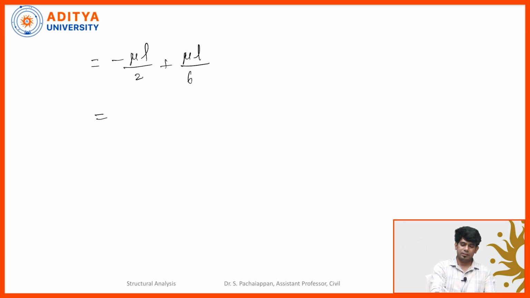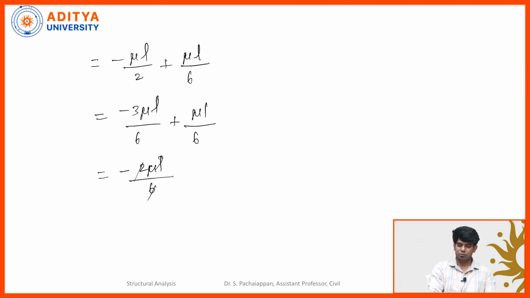Let's multiply the 3 in the numerator, so it will become 3 times mu L by 6 plus mu L by 6. So I will be getting minus of 2 times mu L by 6. If you cancel this, you will be getting minus of mu L by 3. This is nothing but EI into theta B.